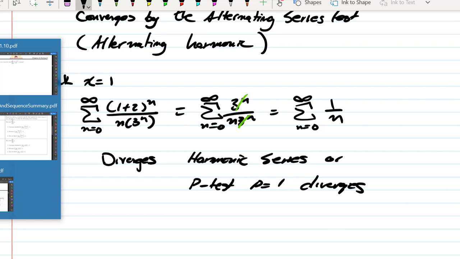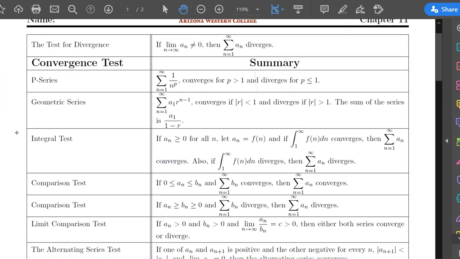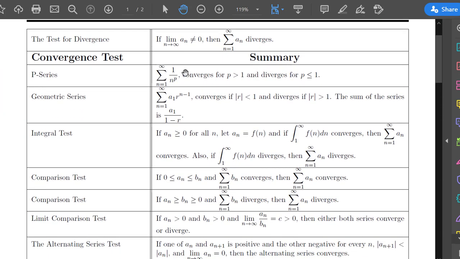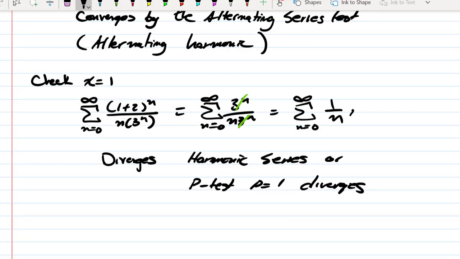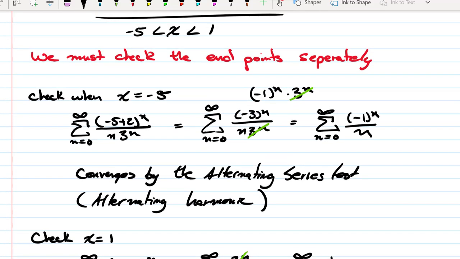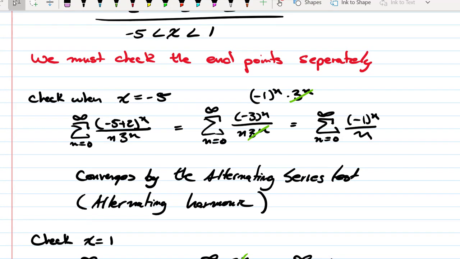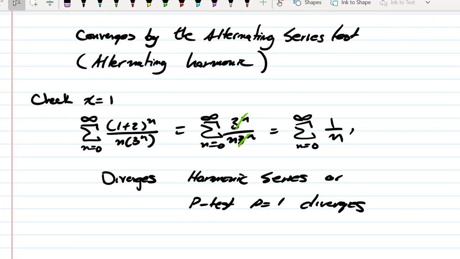So if we look at our sheet here, we go up to our p-series. A series of this form, 1 over n to the p, converges if p is bigger than 1 and diverges if p is less than or equal to 1. And in our case, our p would be 1 exactly, so our series would diverge. So it converges when x equals negative 5, and it diverges when x equals 1.